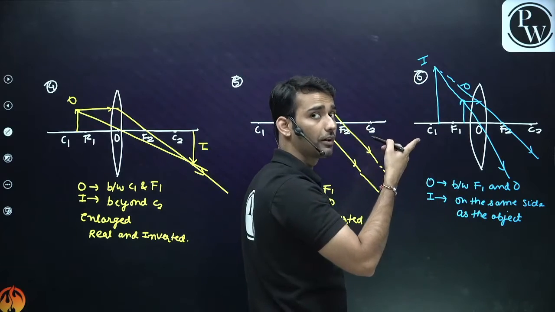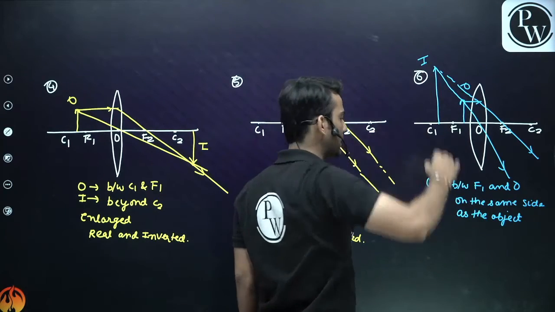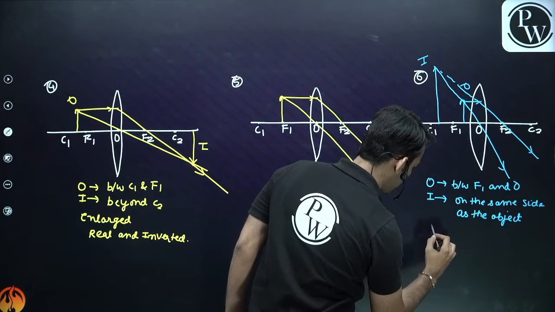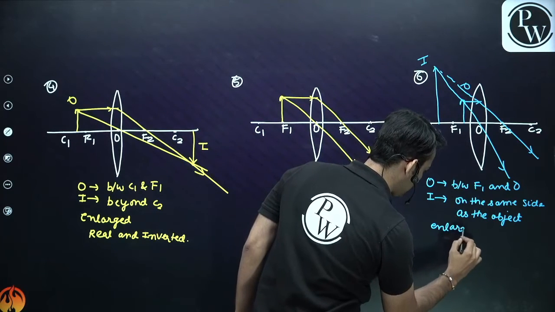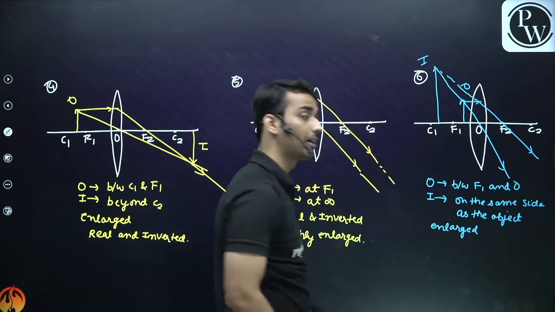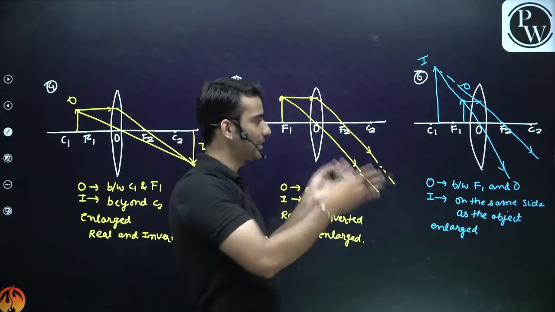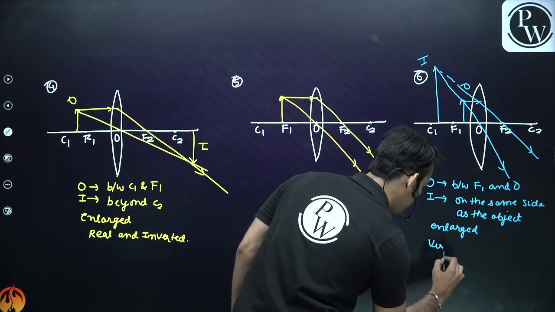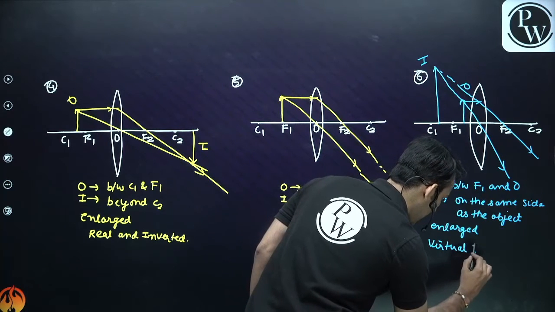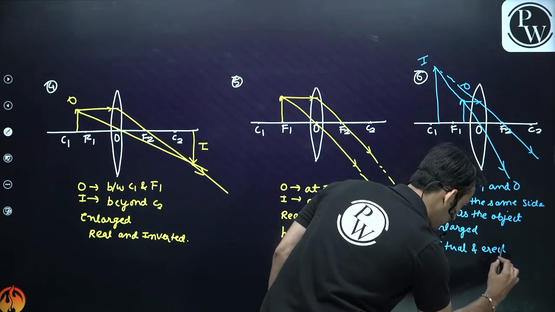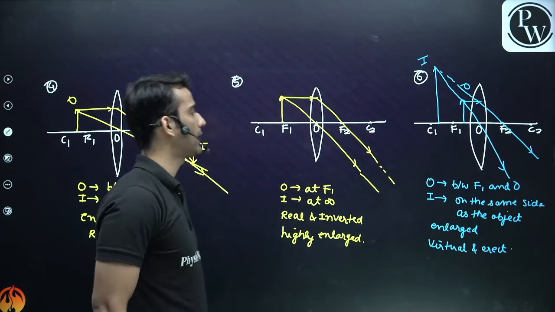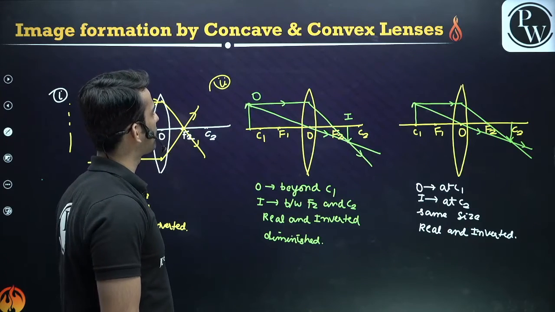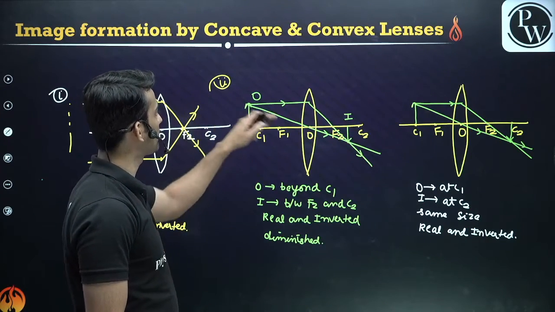Size enlarged, image is bigger than the object, so image is enlarged. What about the nature now? Are the rays actually meeting? No, you have to extend them. They appear to meet. So here the image is virtual and erect. Clear, guys?